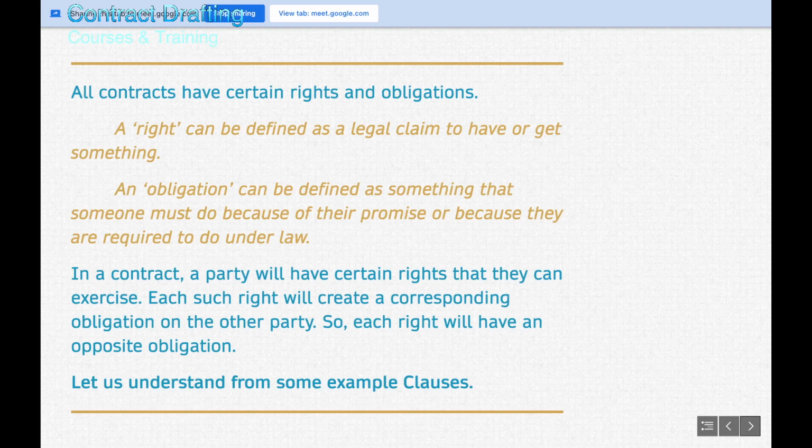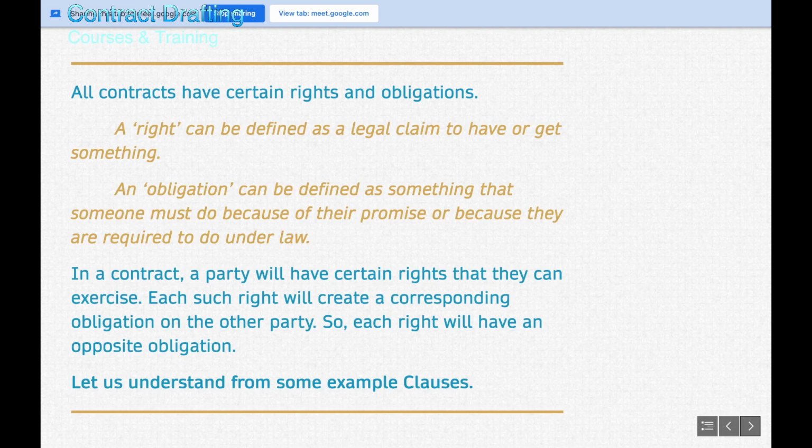So, it is important to specify the right or the obligation depending on the context. In some places, you can specify an obligation, but in some places, it's better to include a right rather than write it as an obligation.